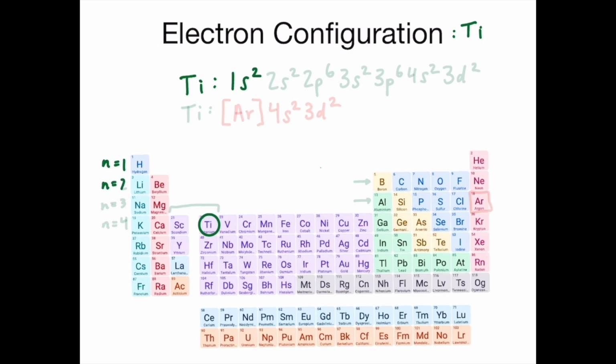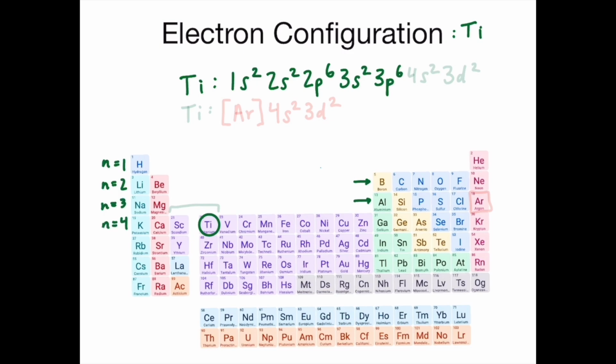And then going on to the second period, we have 2s2. We come over to the right side of the periodic table for 2p6. Moving on to the third row, we have 3s2 and 3p6.